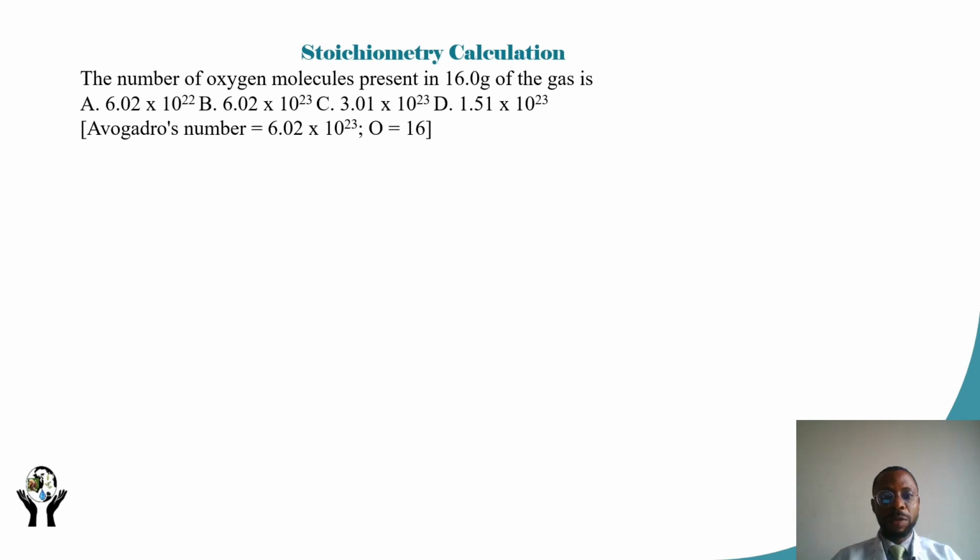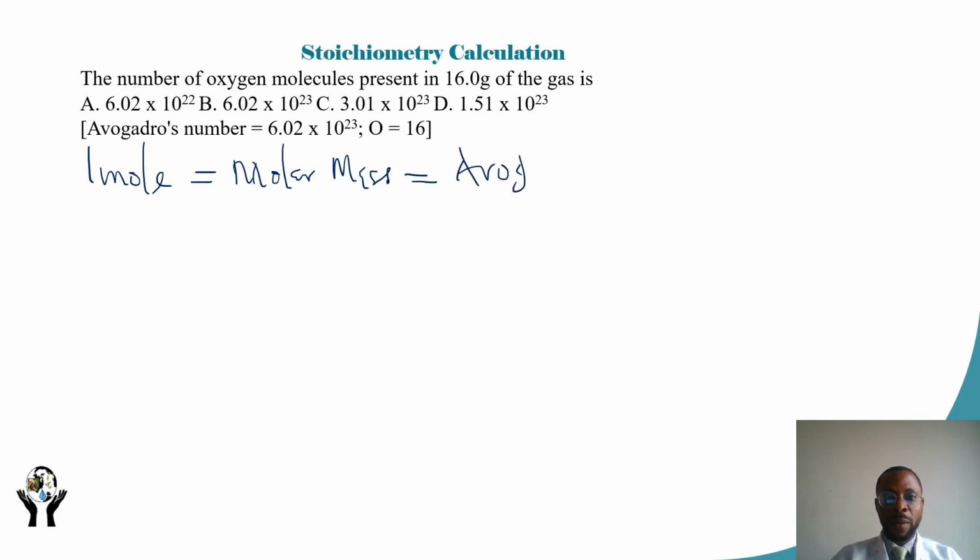The second approach is knowing that 1 mole of any substance will be equal to the molar mass of that substance. And of course, 1 mole of any substance is also equal to the Avogadro's number. So if that is the case, that means 1 mole of oxygen equals the molar mass of oxygen.